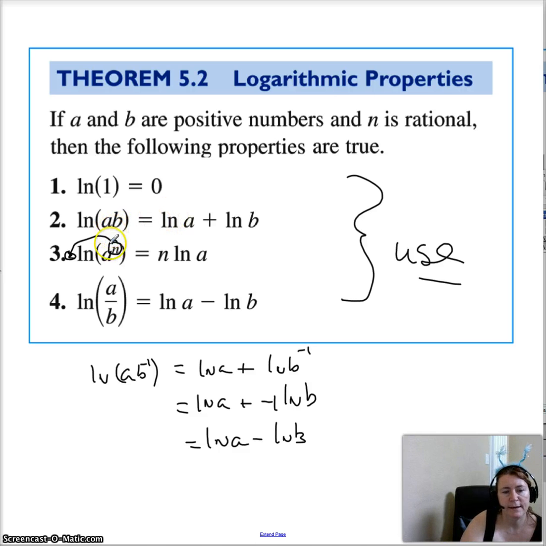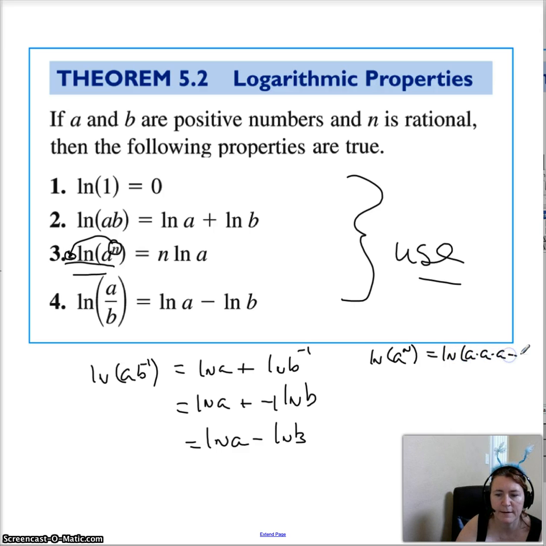We can expand this one right here. This is kind of a fun one to prove. I actually enjoyed doing this. Suppose I have the natural log of a to the n. That's the same thing as the natural log of a times a times a dot dot dot a, where I have n of these.